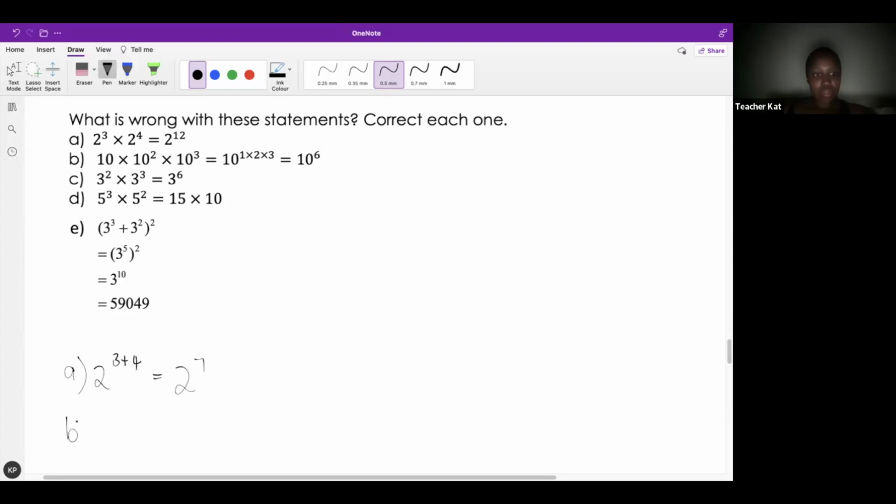Let's go to B. What's wrong with B? They multiplied when they were supposed to do what? Add. Is the answer wrong, though? Is the answer wrong? 3, 4, 5, 6. They just got lucky.